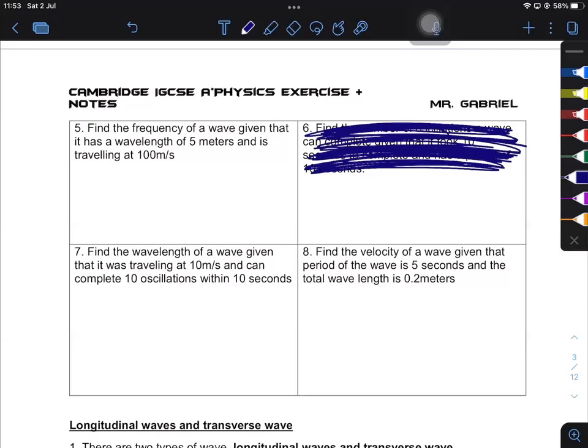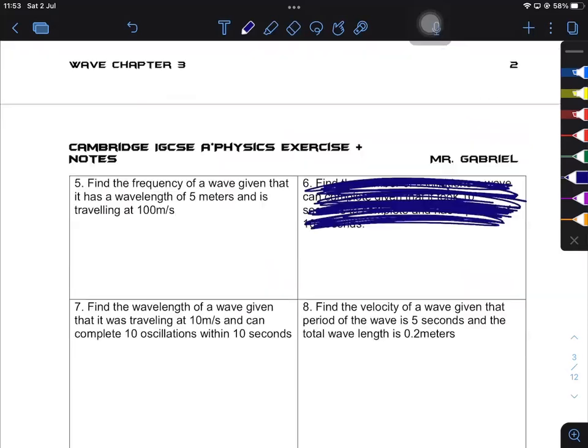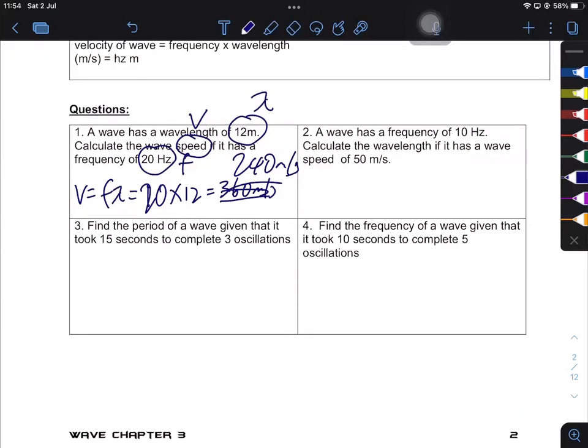Two more minutes ago. Try to attempt as much as you can. I'll check Raj's answer here. Ten seconds to complete.